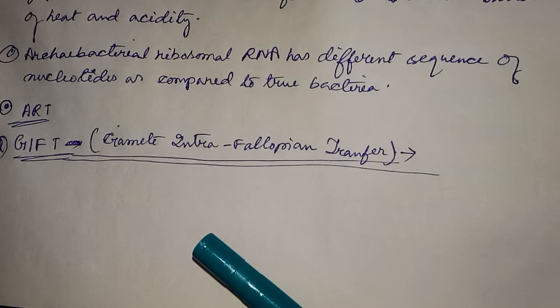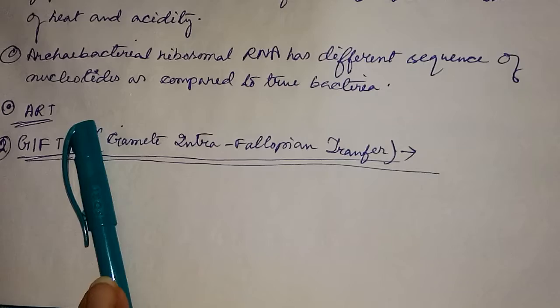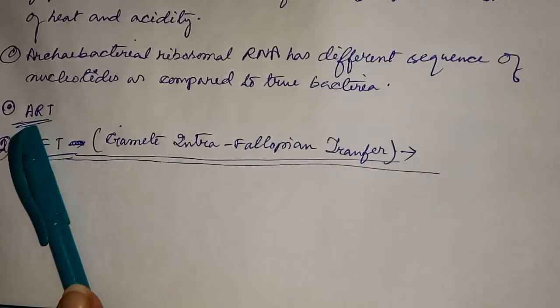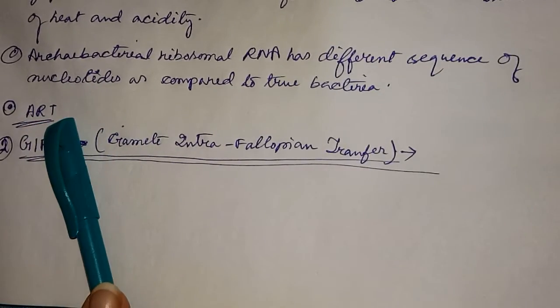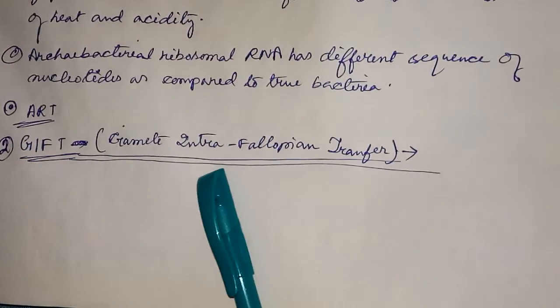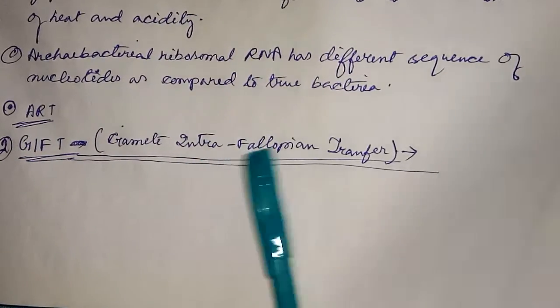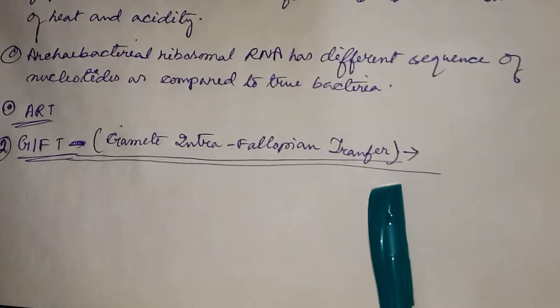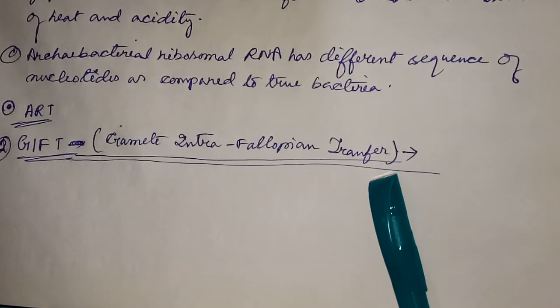Students, in this video I am going to discuss some other examples of ART, that means assisted reproductive technologies. This one is GIFT, that means gamete intrafallopian transfer. What is it? This technique was developed by Ash et al. in 1984.